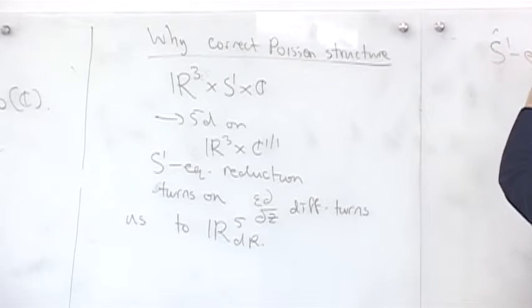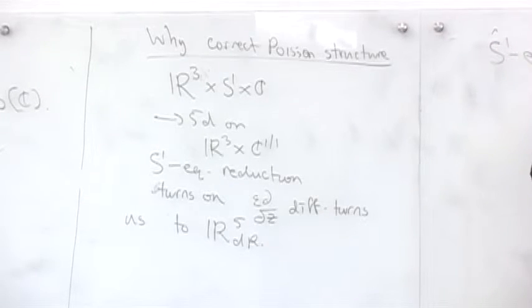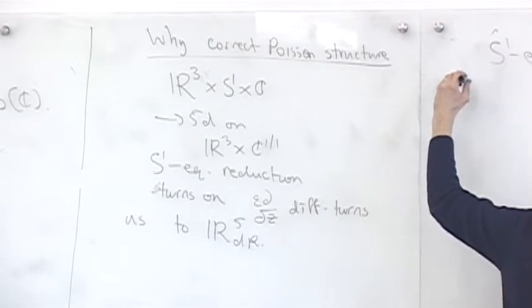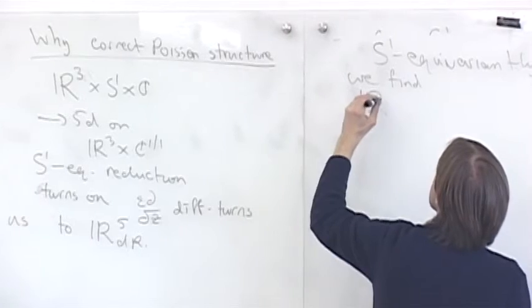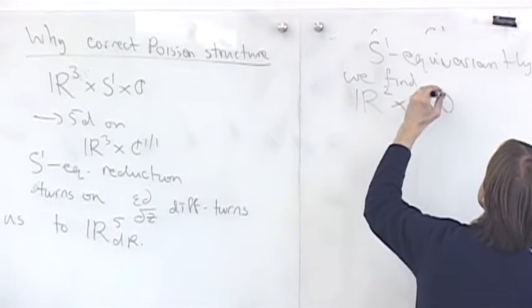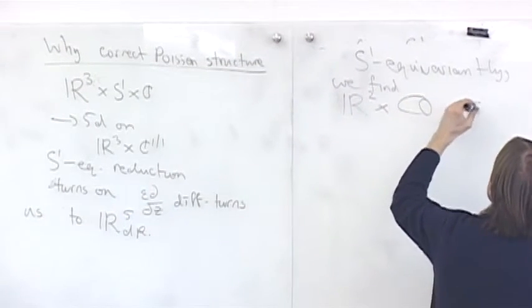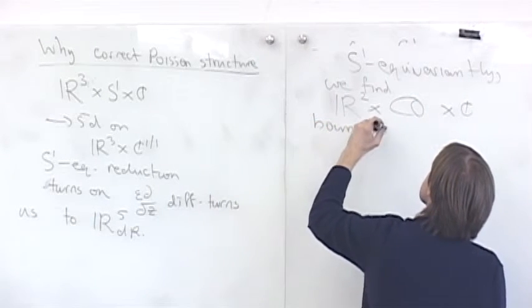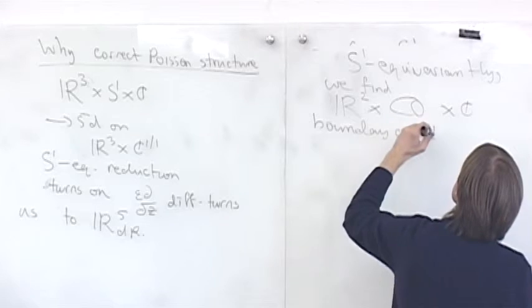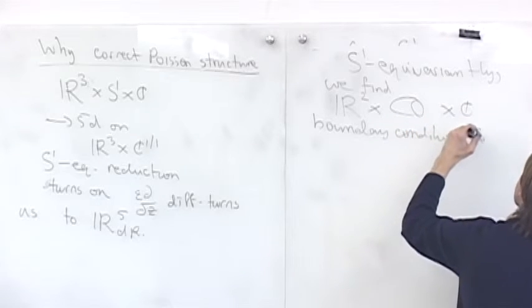Equivariantly, we find that if I do the 6D theory on R2 cross a disk cross C, we get a boundary condition for the 5D theory.